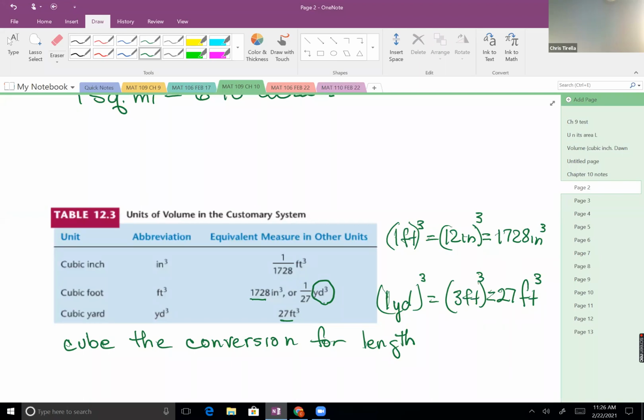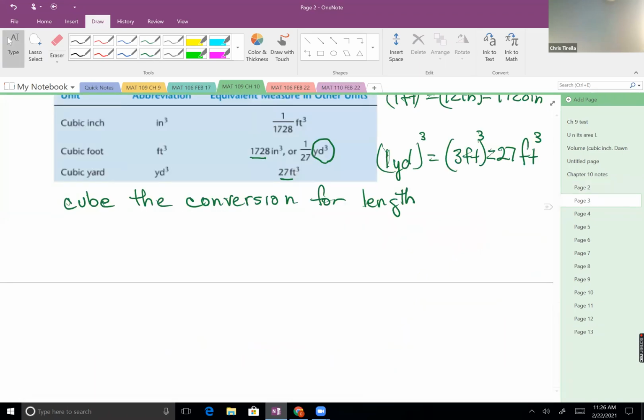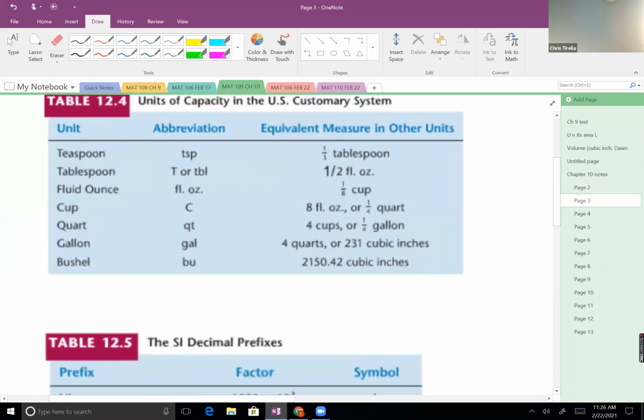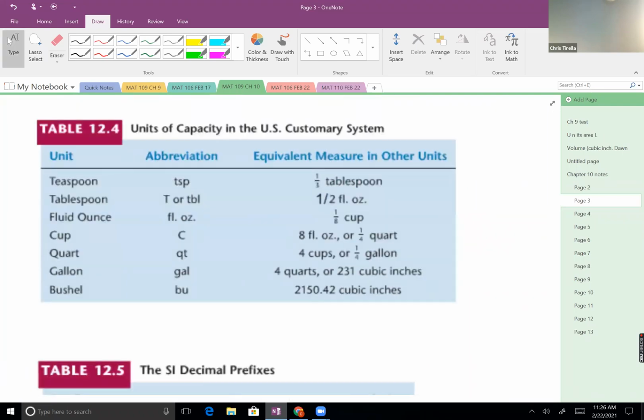And again, this is that customary system that we use: inches, feet, yards. And this customary system is sort of a pain in the backside, because if I start looking at capacity, hopefully everybody's familiar with the relationship between a quart and a gallon.